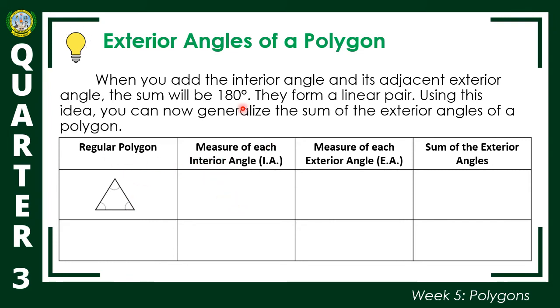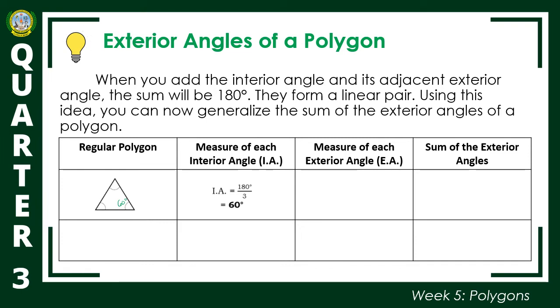So, using the formula, we have 180 degrees over 3 since for any triangle, the sum of the interior angles is 180. So, dividing it by 3, we will get 60. Okay? So, 60 degrees po ito, yung measure ng isa. Okay? So, ngayon, ang gagawin natin is to find the measure of each exterior angle.